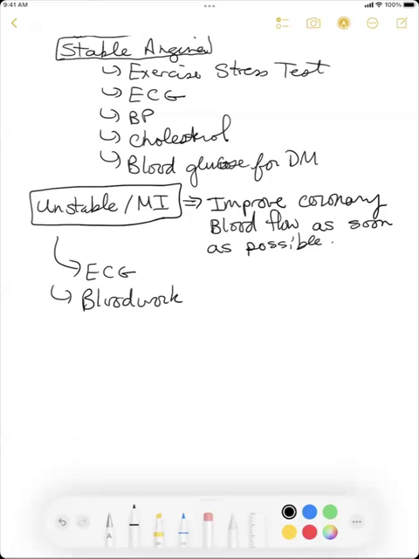There are a couple of proteins that we find within the blood. When heart muscle cells start to get damaged and destroyed, they start to break open, and the proteins inside those heart muscle cells go into the bloodstream. We don't see these proteins in the blood unless there is damage to the heart muscle.